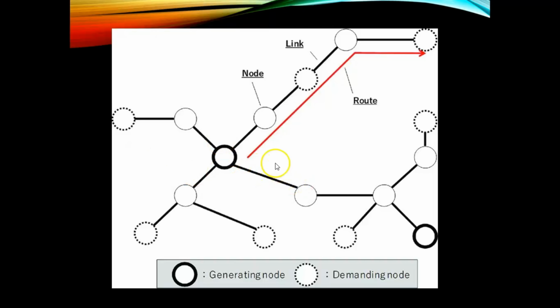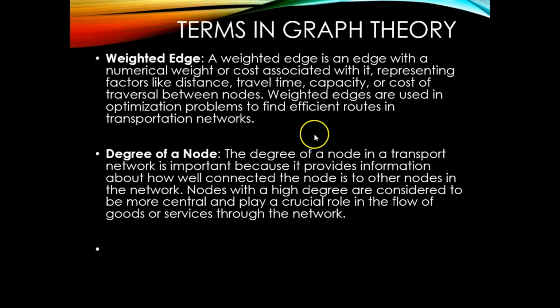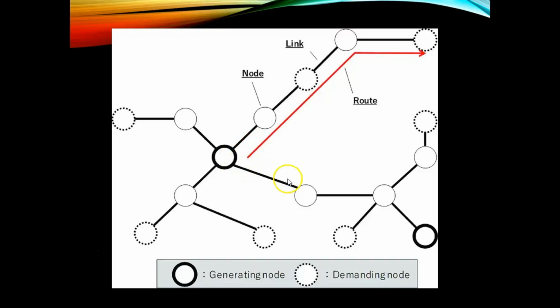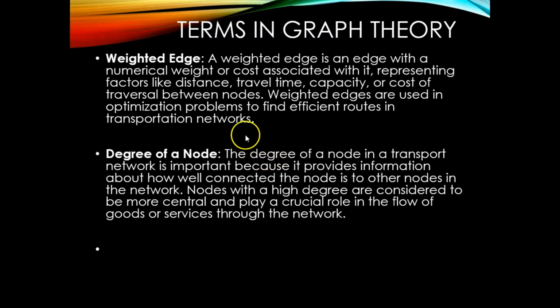So instead of just having it as a line, we can also weigh it, maybe like the distance from this point to this point. We can say this is 15 kilometers, and the distance from this point to this point could be 12 kilometers. So when we add a numerical value to the links, it is now what we call a weighted link or a weighted edge.